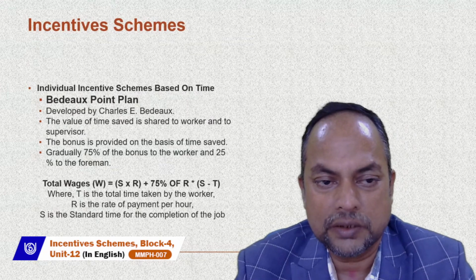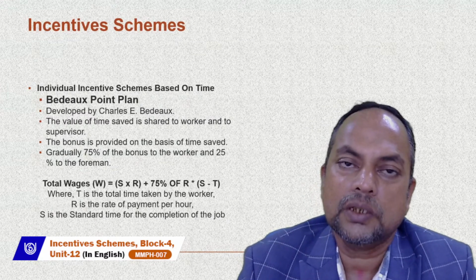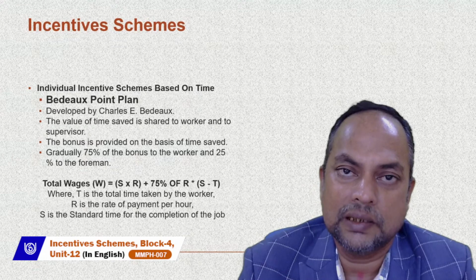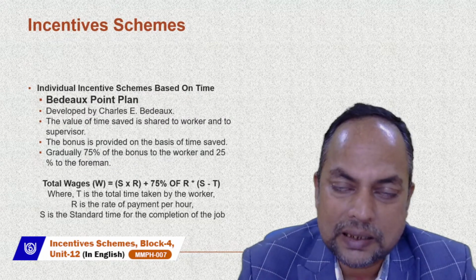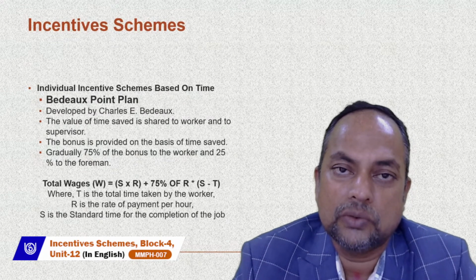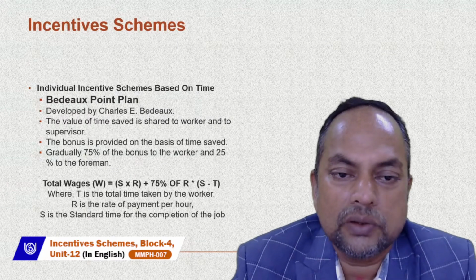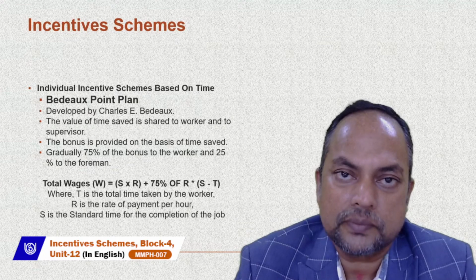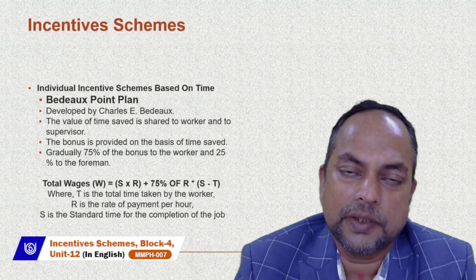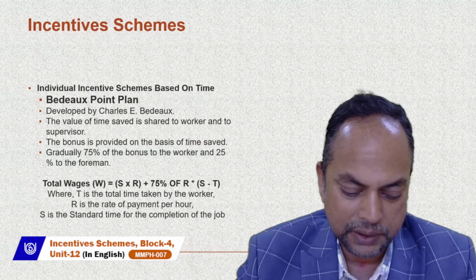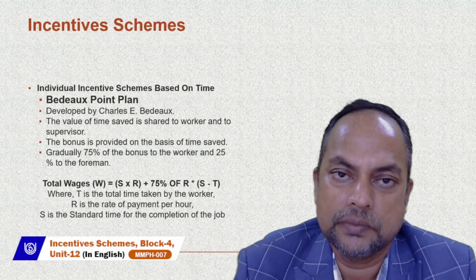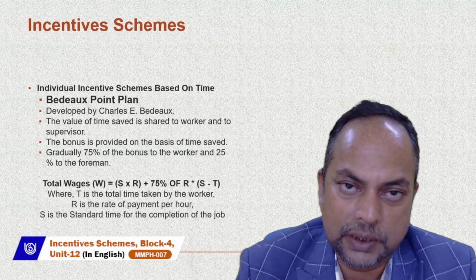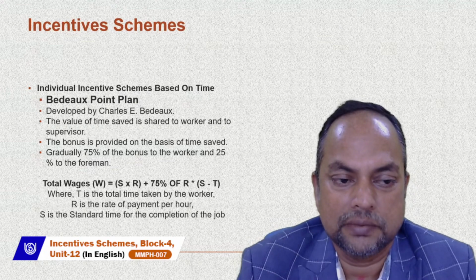So if the worker is saving certain time, the entire credit will not go to the worker only, it will also go to the supervisor. It is based on the supervisor and the worker being able to achieve their goals in less than the standard time.